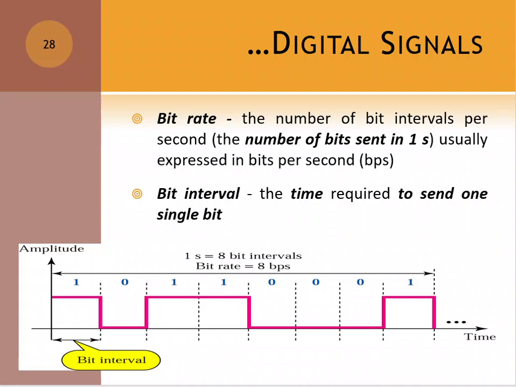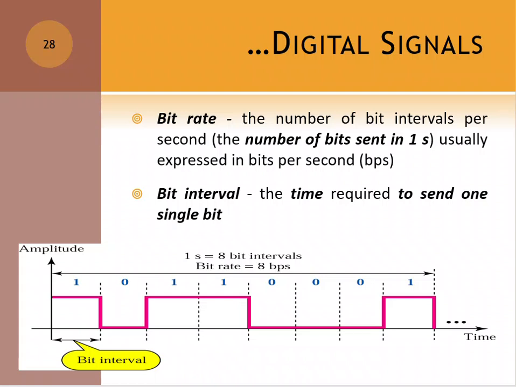Itu adalah bit rate. Okay, bit interval is the time required to send one single bit, whereby masa yang diambil untuk menghantar satu bit, we call it bit interval. Okay, let's consider the figure below.